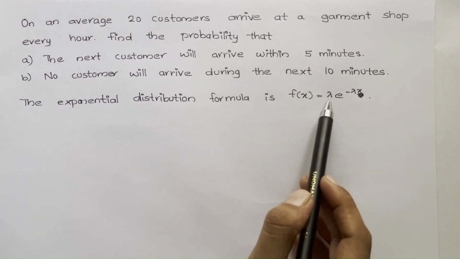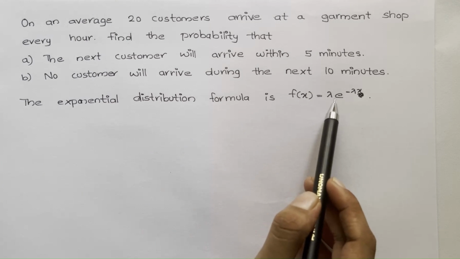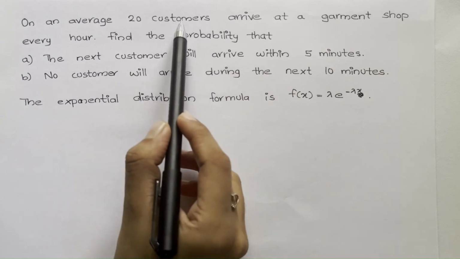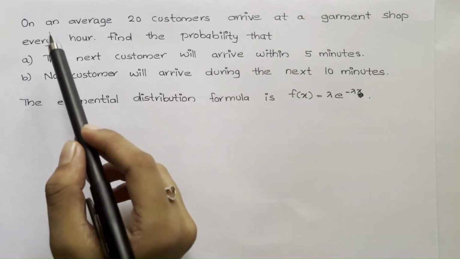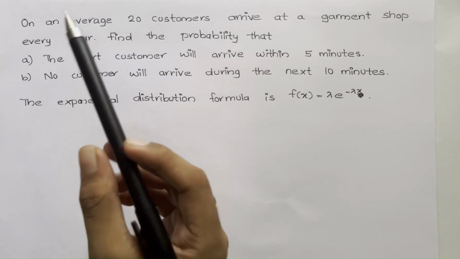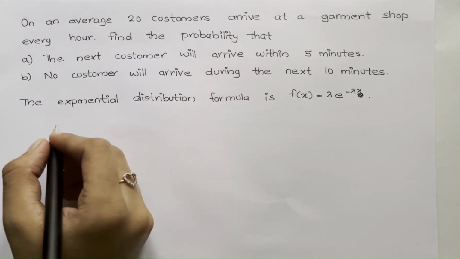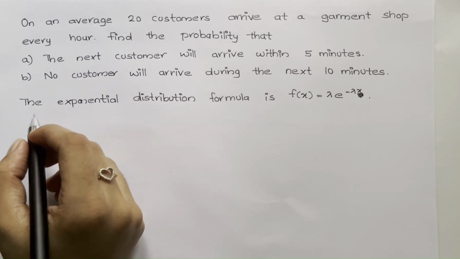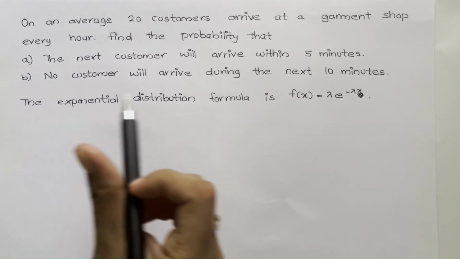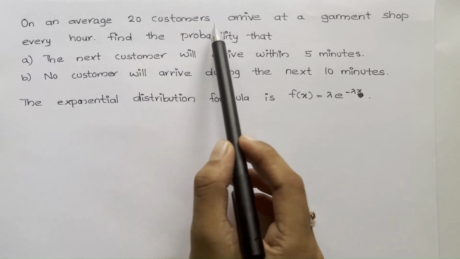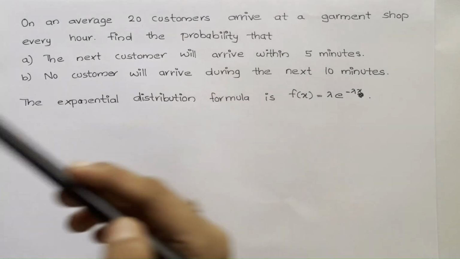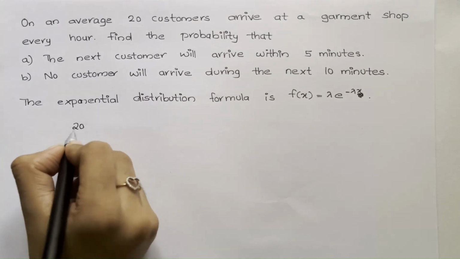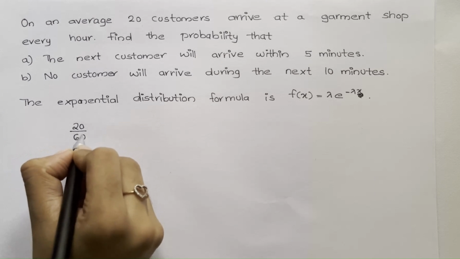Firstly, we have to find out the lambda, that is the parameter of the exponential distribution. Here, given that 20 customers arrive at a garment shop every hour, that is 60 minutes. So we can write 20 customers per 60 minutes.